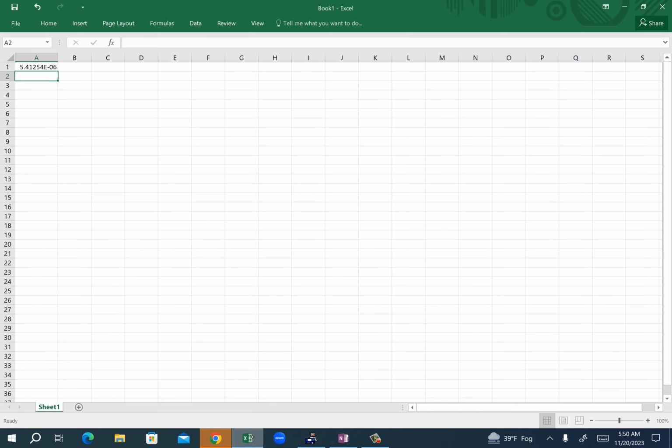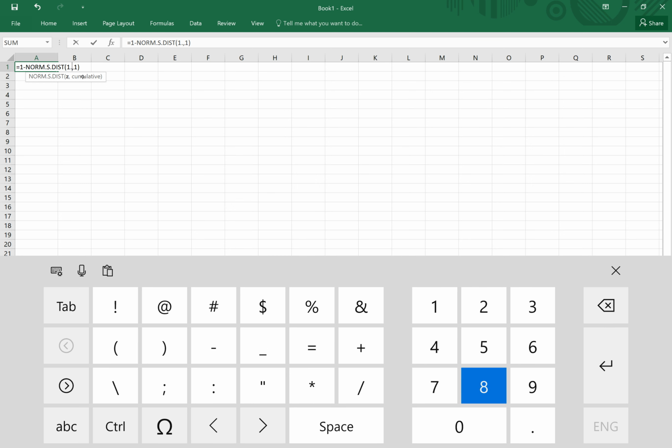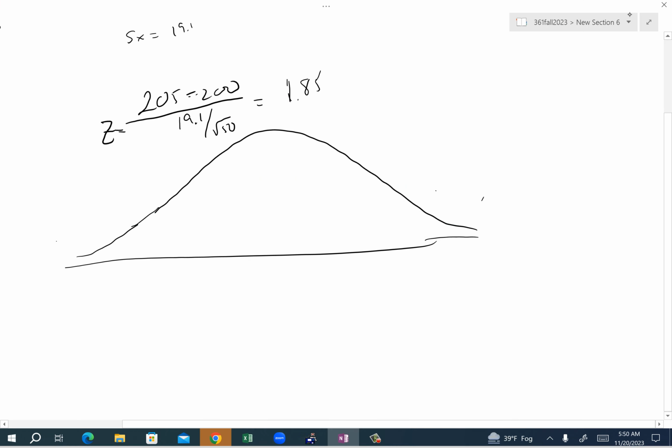So what you're going to do, and this is very straightforward, you just go equals, and I'm just going to change that one up here. And I'm going to make that 1.85. And so that's 0.03. And you're like, that's less than alpha. Not so fast.